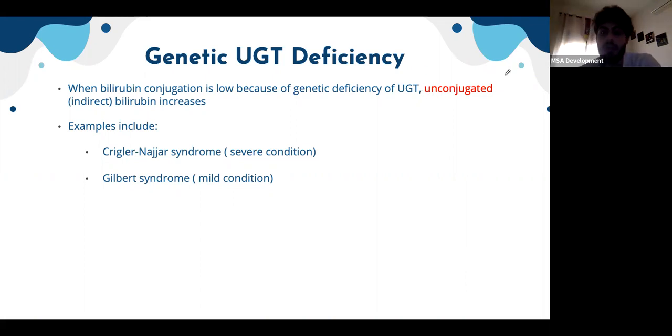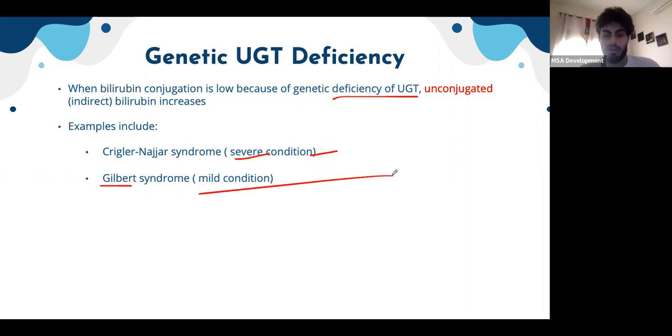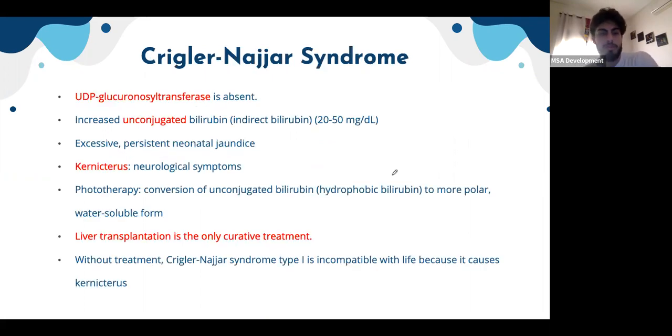We get unconjugated bilirubin due to a genetic deficiency in UGT. We get high unconjugated bilirubin. There are two examples: Crigler-Najjar, which is severe, and Gilbert syndrome, which is a mild condition of genetic deficiency. So what are they?